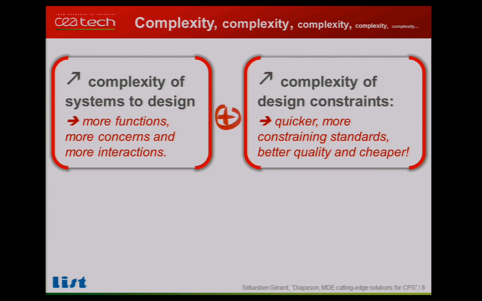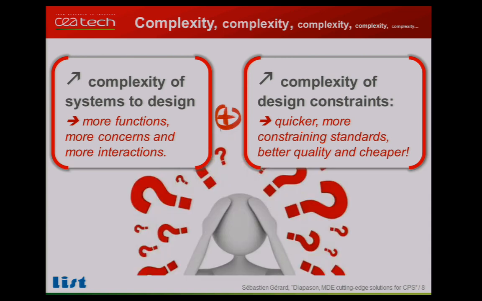There is more and more pressure on that, and of course better quality and of course cheaper. So this is a cocktail of complexity which is very difficult to face and to deal with, and it is the context where we are working.